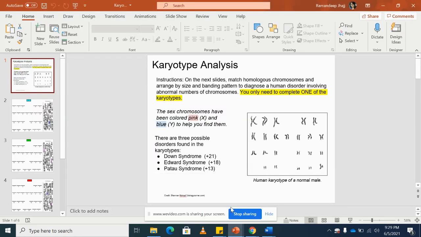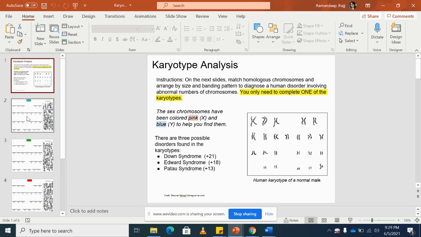This activity is about karyotype analysis, where students will be completing one of the karyotypes that is given to them, and they will be finding what kind of disorder a person has.